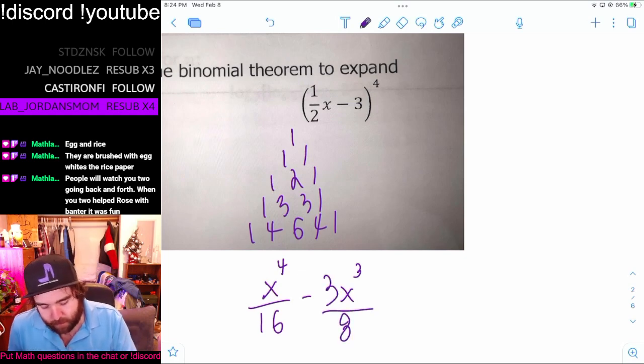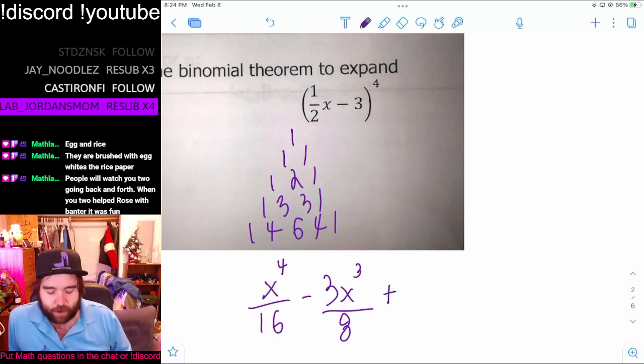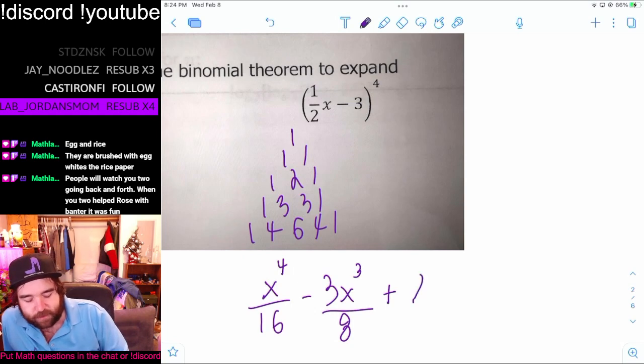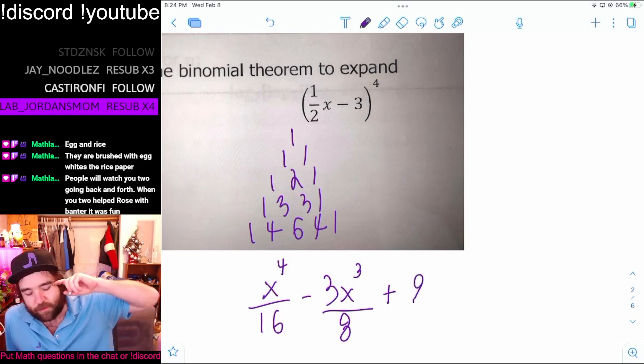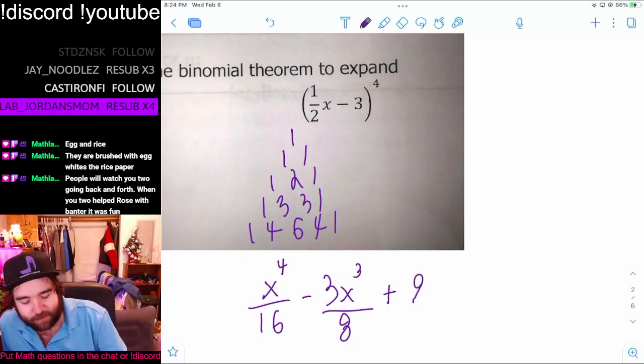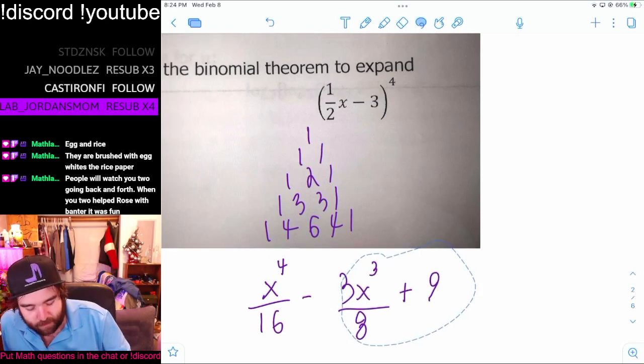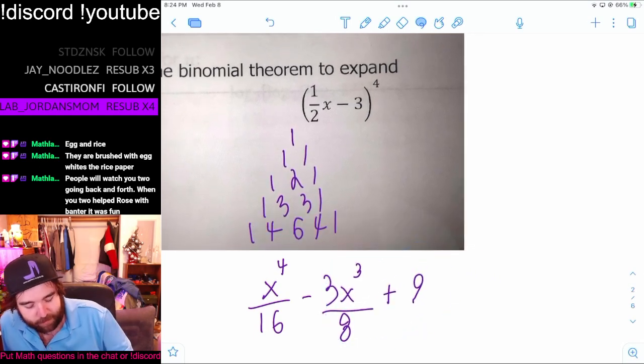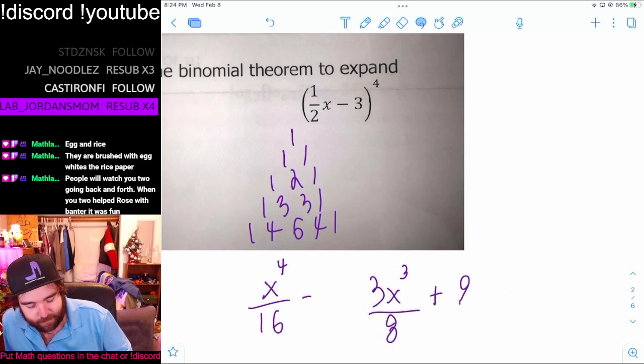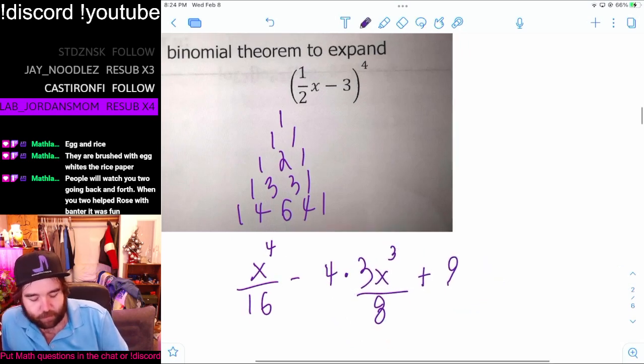Then the next one will be plus because it'll be negative 3 squared, so that's going to be 9. Except, hold on, I'm totally screwing it up. I'm forgetting the Pascal's triangle part. We need to add our coefficients, so that one needs to be multiplied by 4.